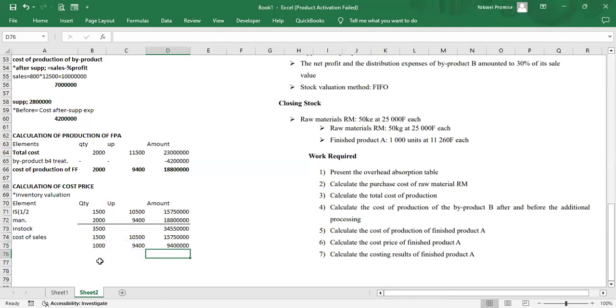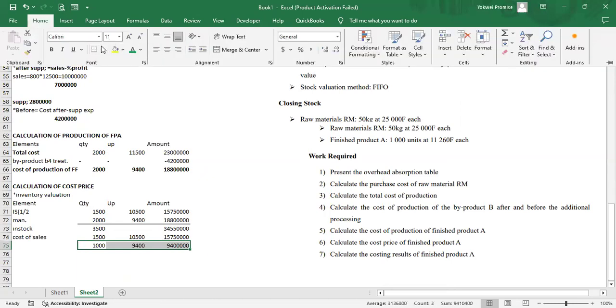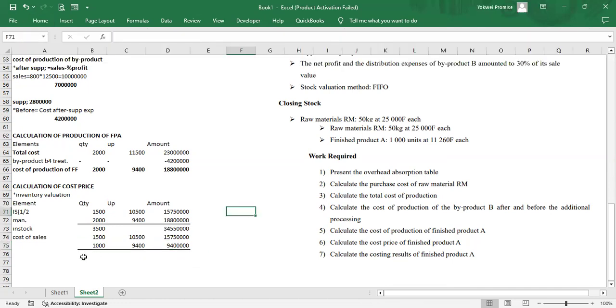So what will be the balance down here? The balance is going to be 1,000 units quantity. Let me just put another 1,000, which is 3,500 minus that, minus that. And then the total, you're subtracting minus this, minus this.